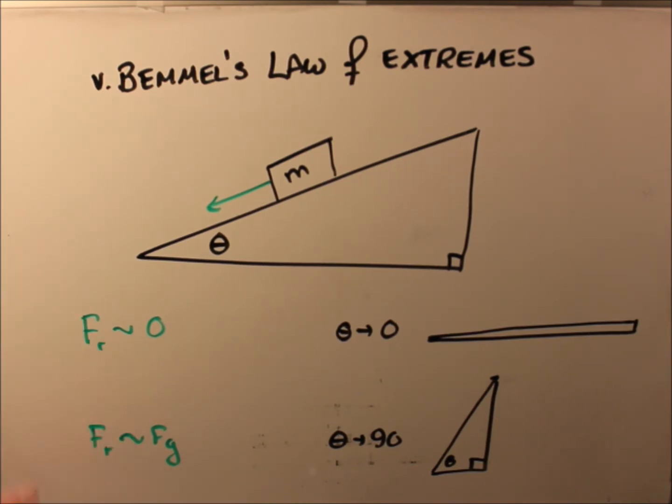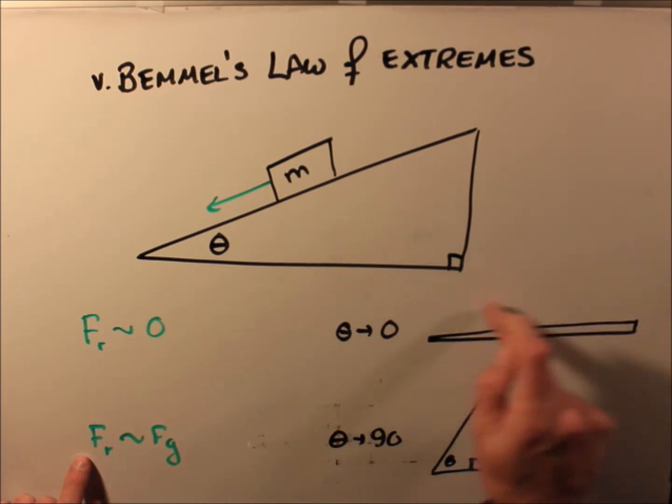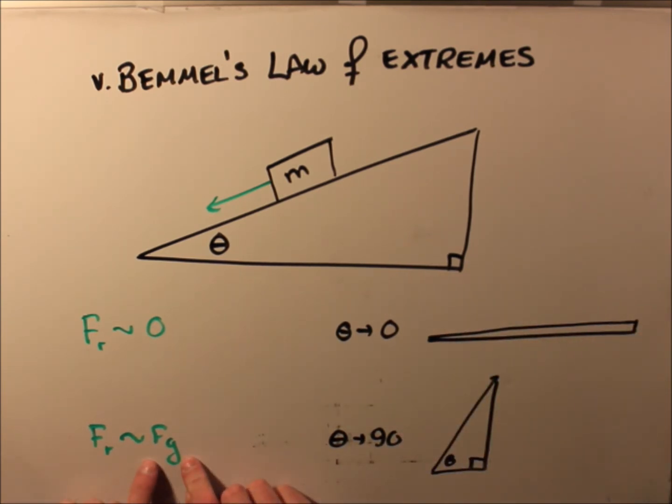On the converse of the case, if a ramp was near vertical, the object would basically be in free fall. And if it's in free fall, then the force acting upon it is gravity. And so once again, if our theta is near 90, we would expect our force along the ramp to be basically the force of gravity.